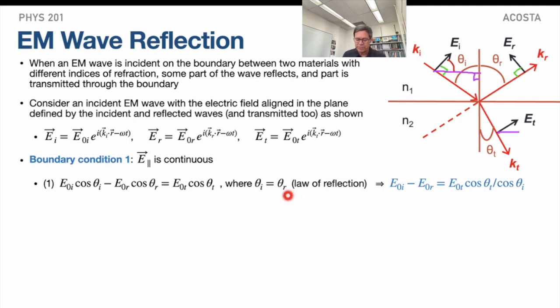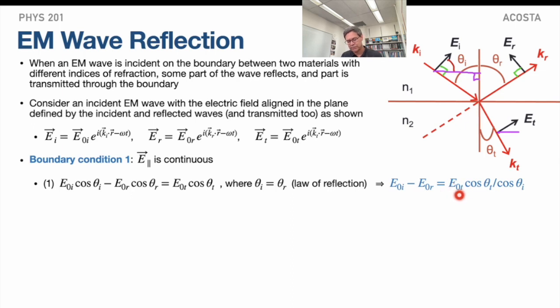Now, we have the law of reflection, so that means the incident angle equals the reflected angle, theta I equals theta r, those are here on the left. So I can just set those equal to theta I, and then divide everything by cos theta I, and I just have E0I minus E0r is E0t.